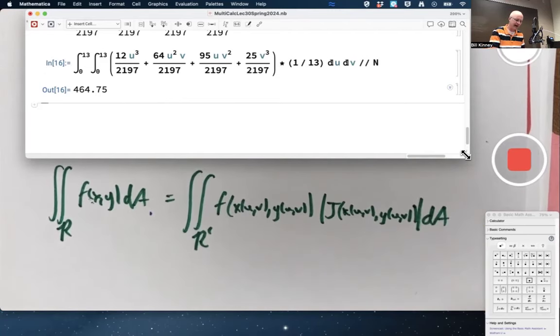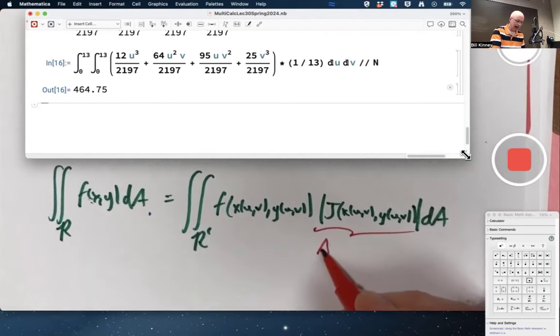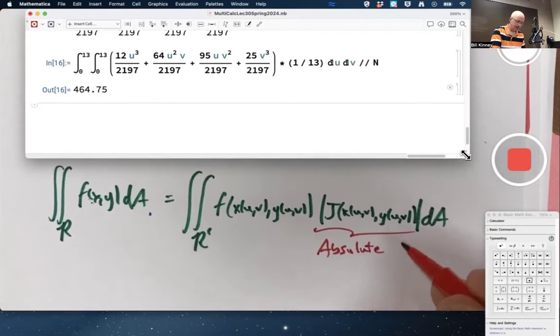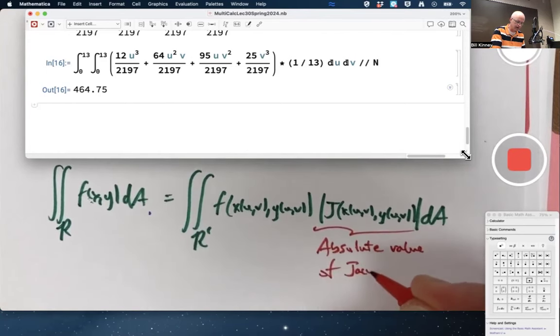The absolute value, I spell absolute, absolute value of Jacobian determinant.